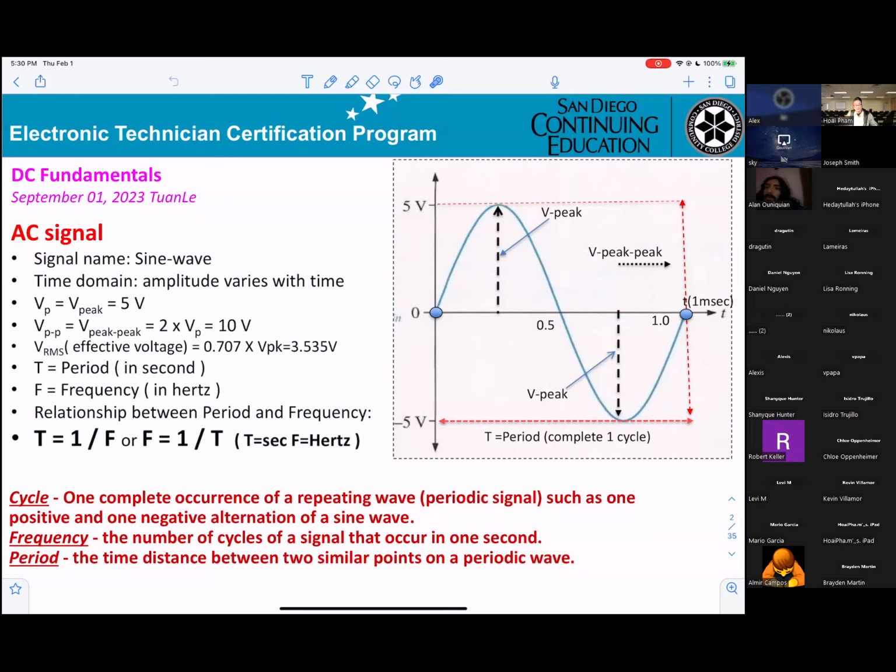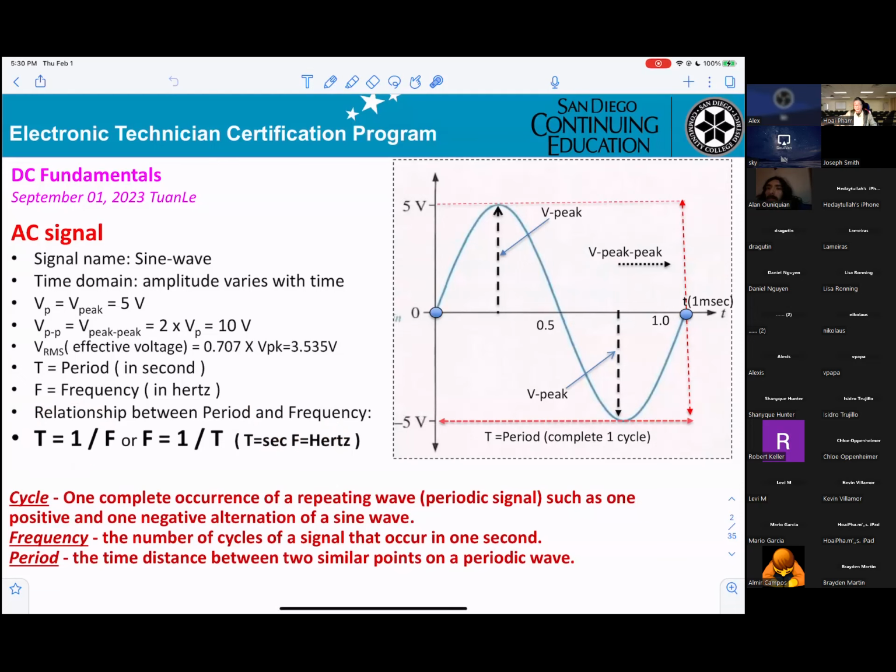And now we're talking about frequency. The unit will be in hertz. Okay? If you want to calculate the frequency, F will be equal to 1 divided by T, the period. In this formula, T will be in seconds, F will be in hertz. Or if you have the frequency and want to calculate the period, this is the formula.